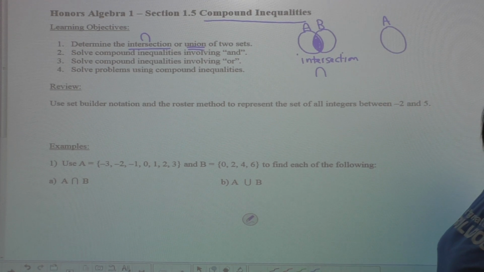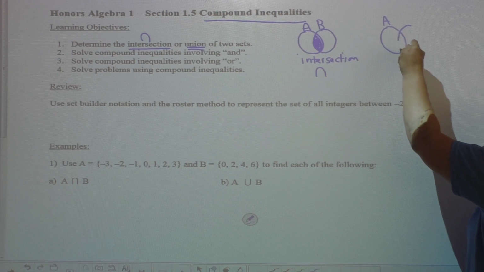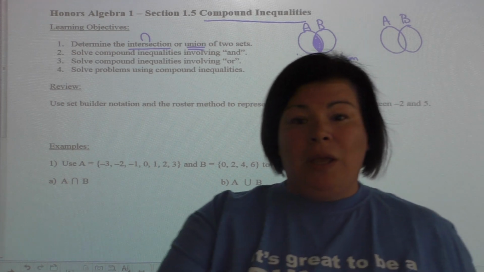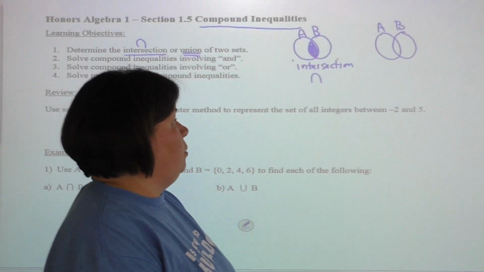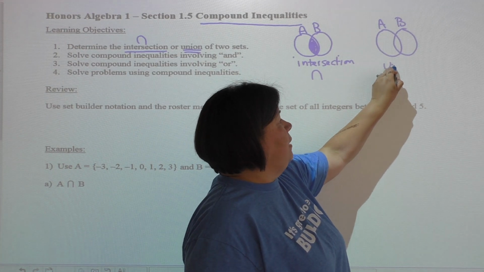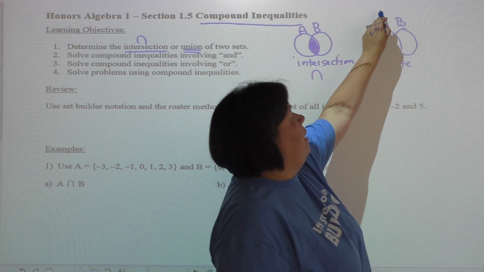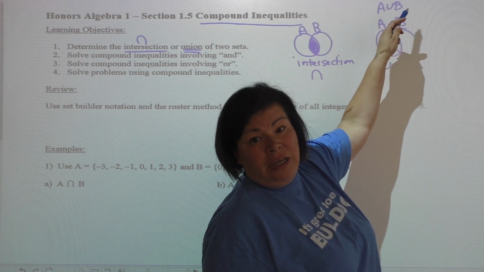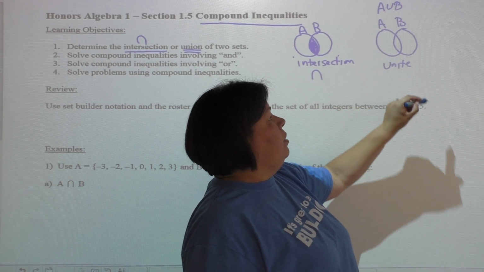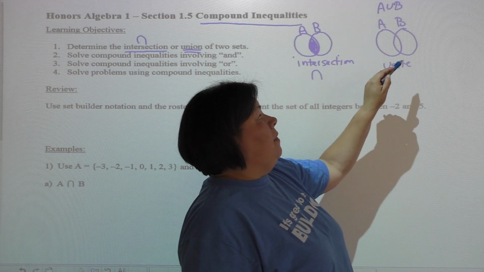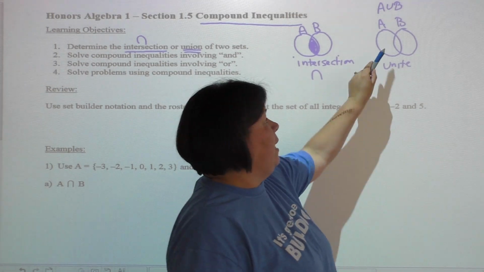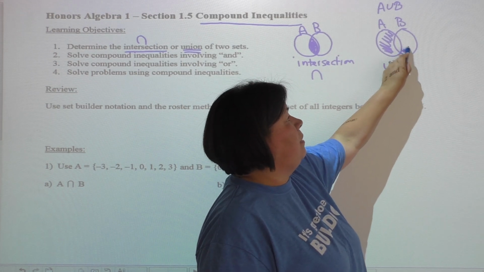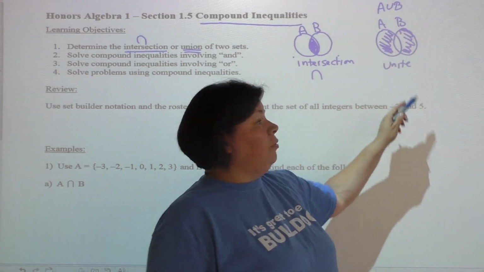So let's pretend those are all the elements of set A, and this circle represents all the elements of set B. So in that case, if I want to find out where A unites with B, notice that it is actually a U. I want to know where A unites with B. That means it could be in set A, or it could be in set B, or both.